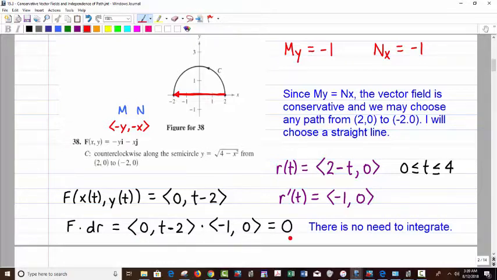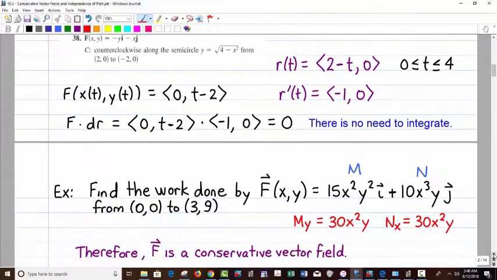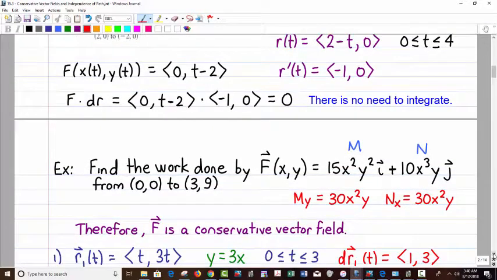Well, this one happened to be 0, so I guess that kind of took the fun out of this problem because there's no integration to do here, so I wouldn't count on that happening too often. But there's no need to integrate. So essentially, in this case, there's just no work being done. But I'm sure we can find something where it won't be 0, and I think this next example will take care of that for us.